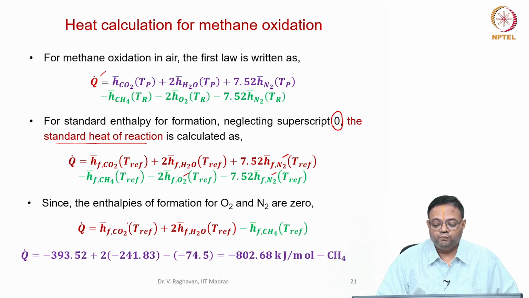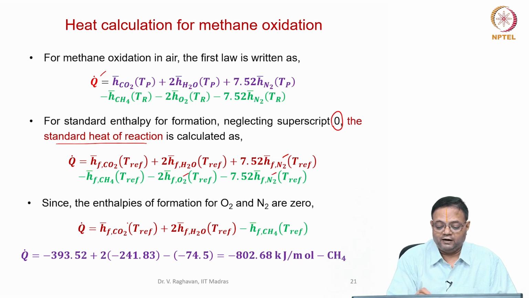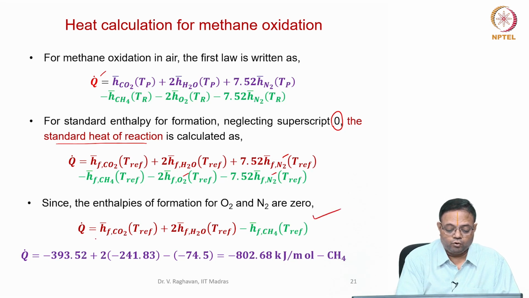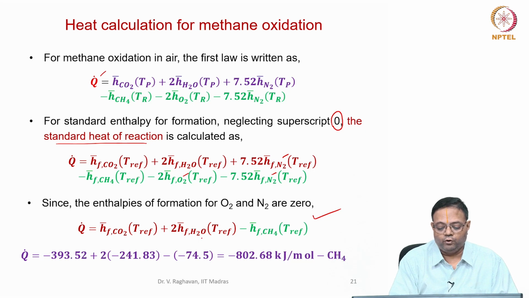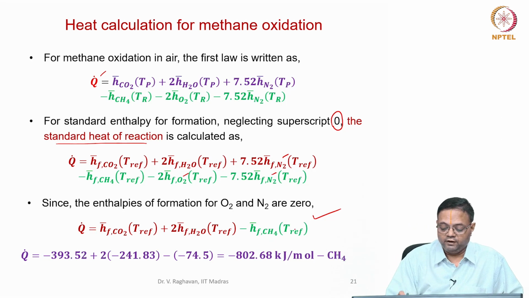That means their enthalpy of formation value is 0. So, we can eliminate those terms and write Q dot equal to HF CO2 plus 2 HF H2O minus the enthalpy of formation of methane. So, this is the equation.